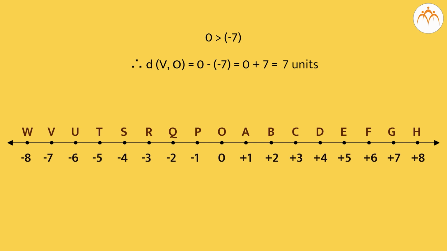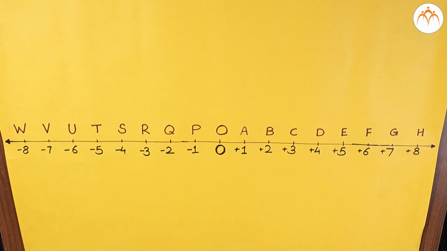Correct. This is the correct answer. So distance VO is equal to 7 units. Therefore, length VO is also 7 units.